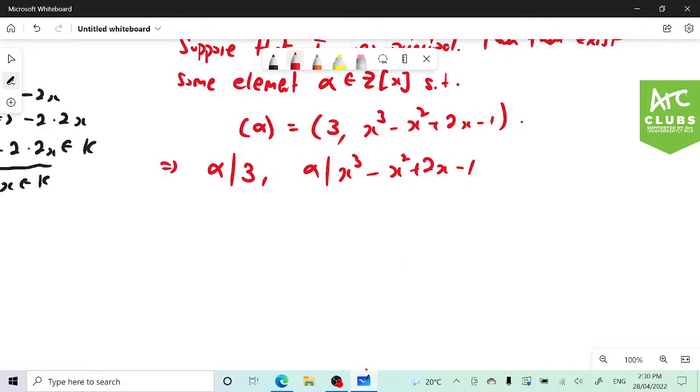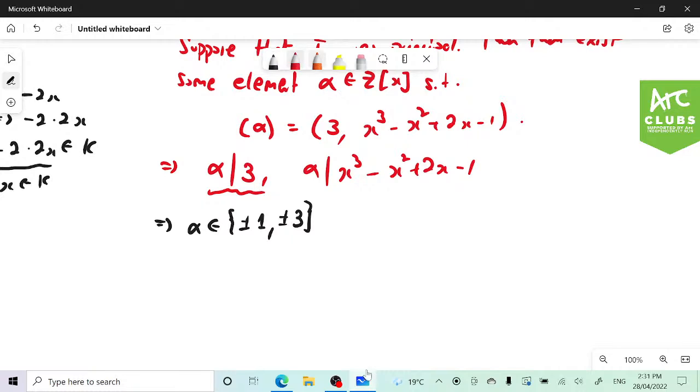If alpha divides 3, then we confine alpha to a small set of numbers: it could be plus or minus 1 or plus or minus 3. These are the only possibilities for alpha.